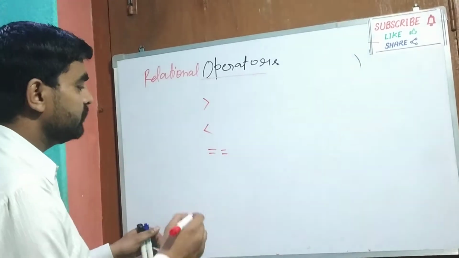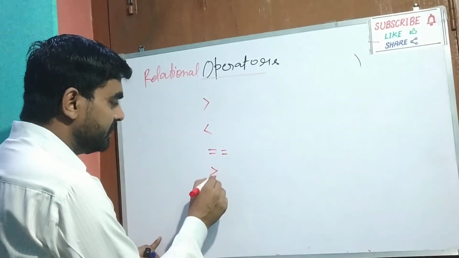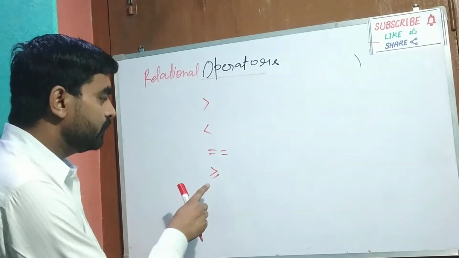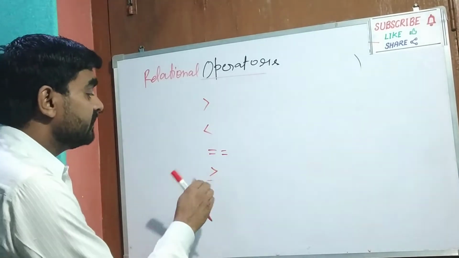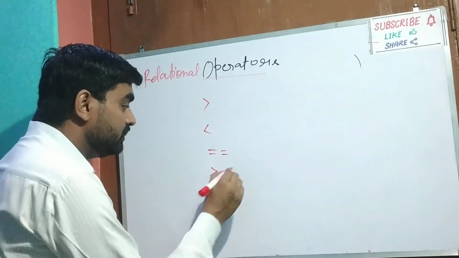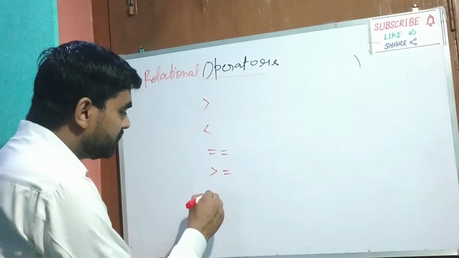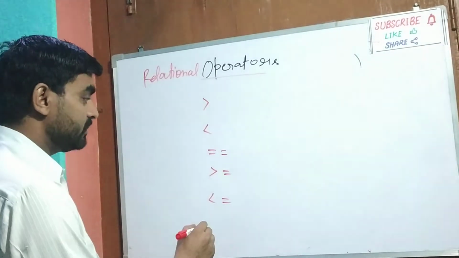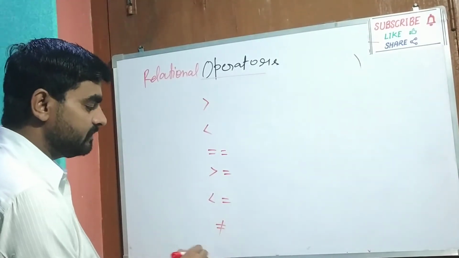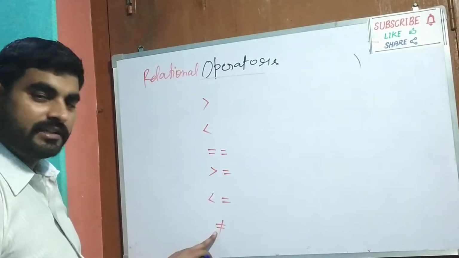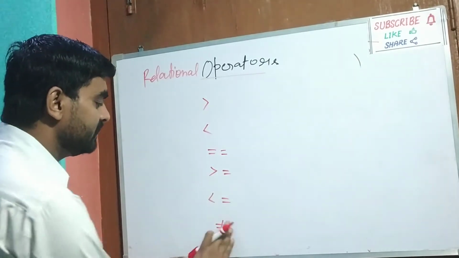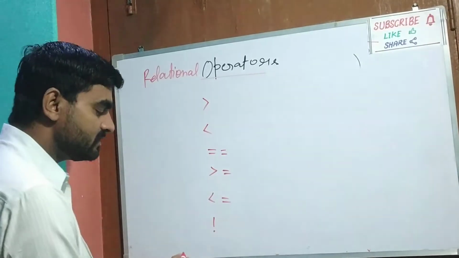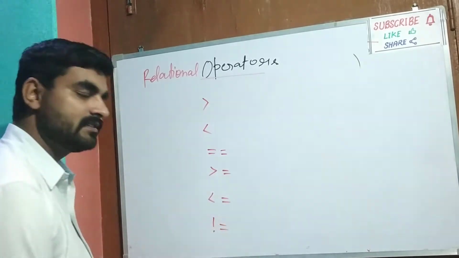In math, if you have to write greater than or equal to, you write it with a single symbol. But this symbol is not easy to type with a keyboard. So the symbol is greater than followed by equal to, like that. Less than or equal to, like that. Not equal: in math we use a symbol, but it is not available on the keyboard. So for not equal to, the exclamation sign is treated as a not, and this one is equal.